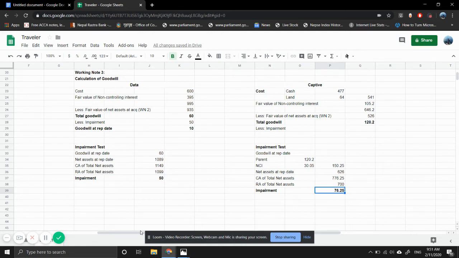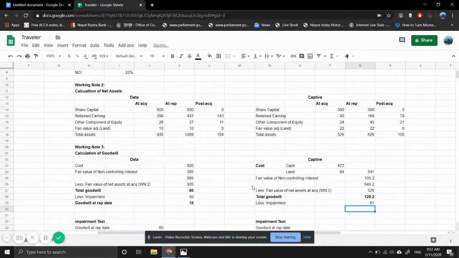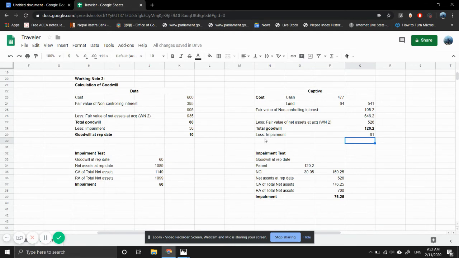Since we don't know the exact goodwill of NCI, and we are only making it comparable right now to figure out the impairment, we take this figure into only the parent's, because this goodwill is only of the parent. So impairment is only allocated to the parent. No impairment is charged against NCI.